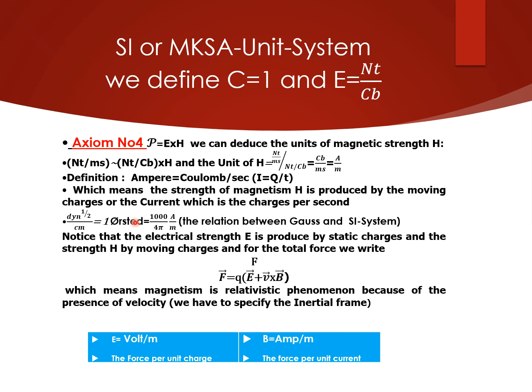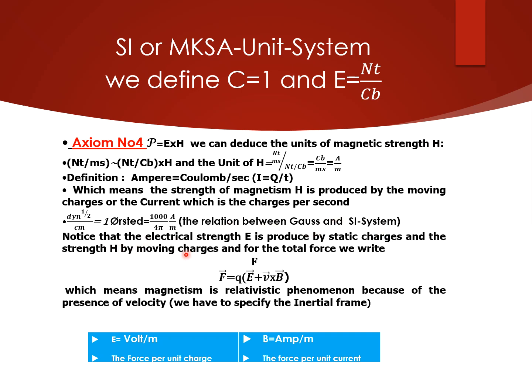1 Ørsted is equal to the square root of dyne over centimeter, which equals 1000 over 4 pi ampere over meter, which is the relation between the Gauss and SI system.